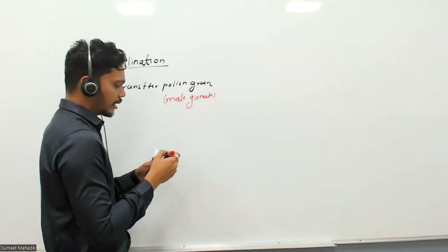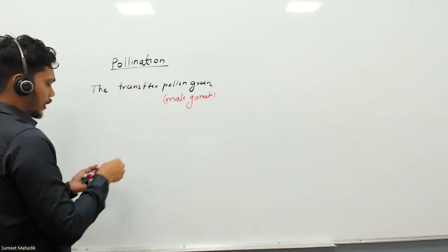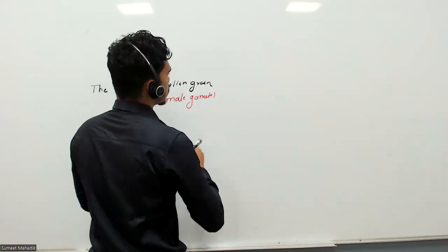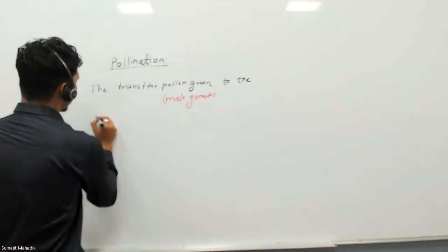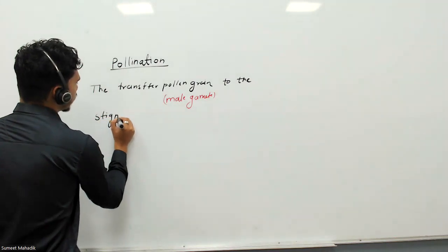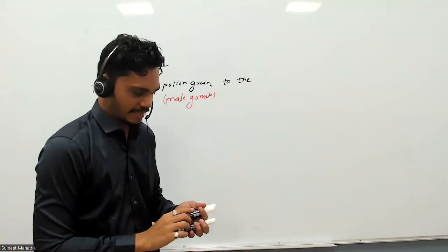Now, where is it getting transferred? The transfer of pollen grain to the stigma. Everybody knows that the stigma has a sticky liquid.